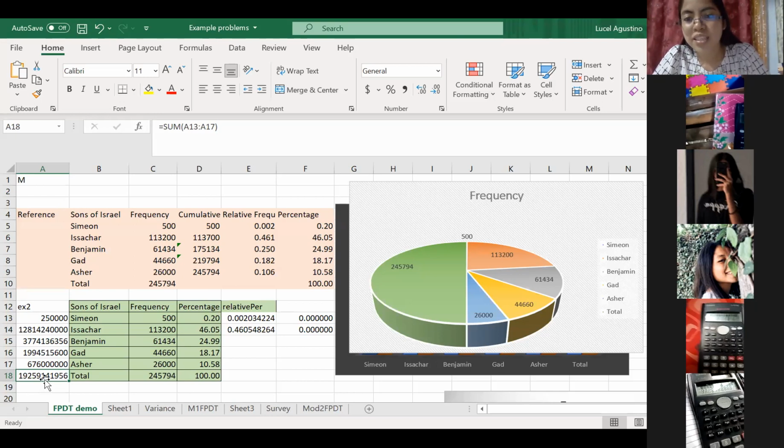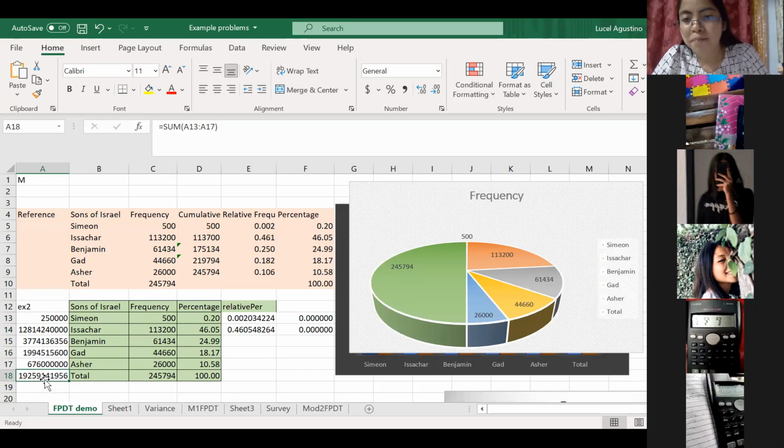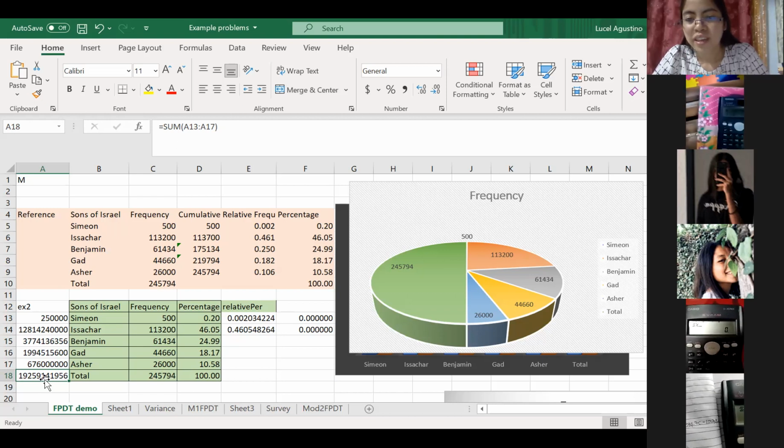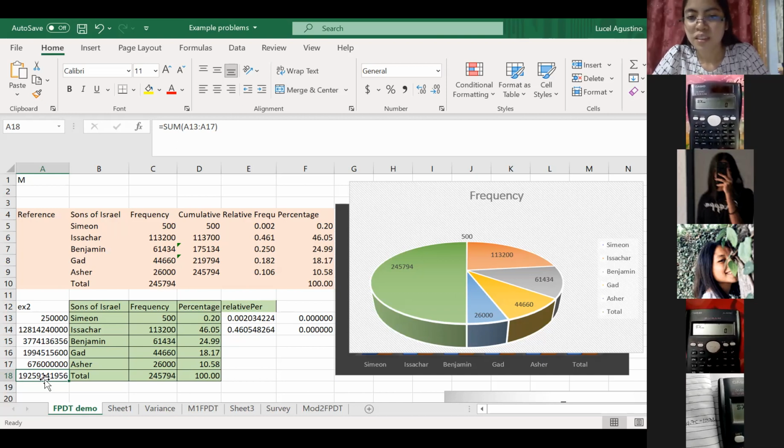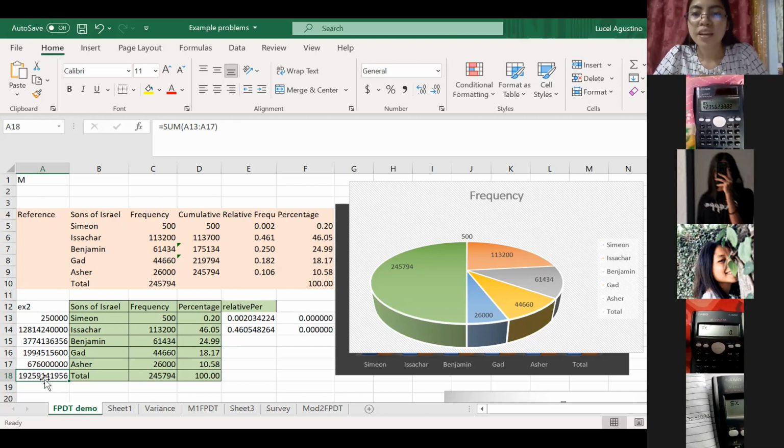So you should press number 3, and then equals, so that is your sample standard deviation.